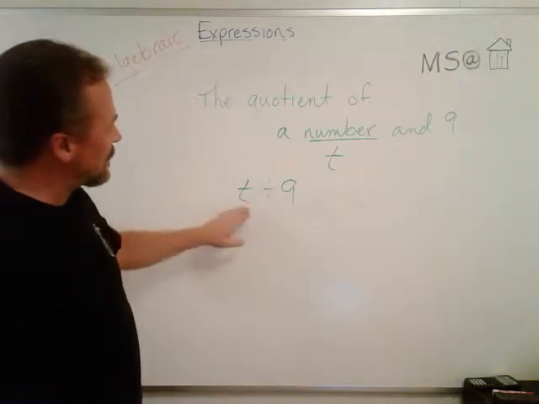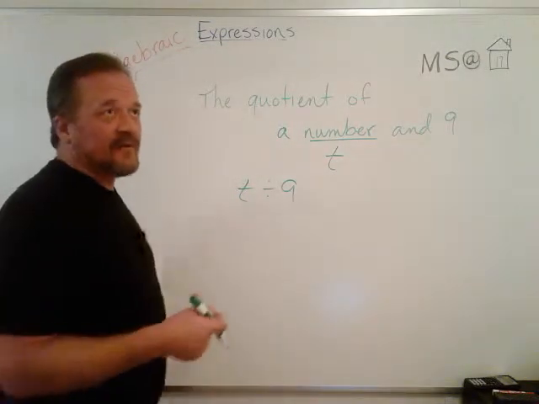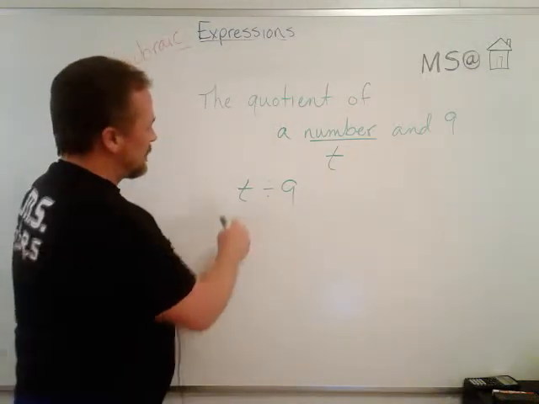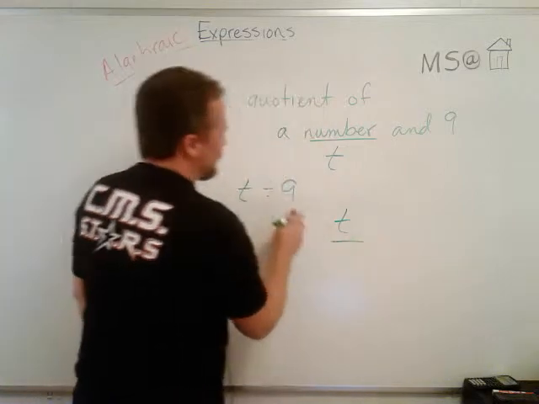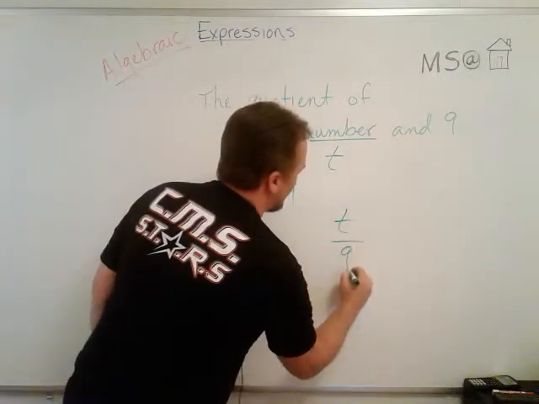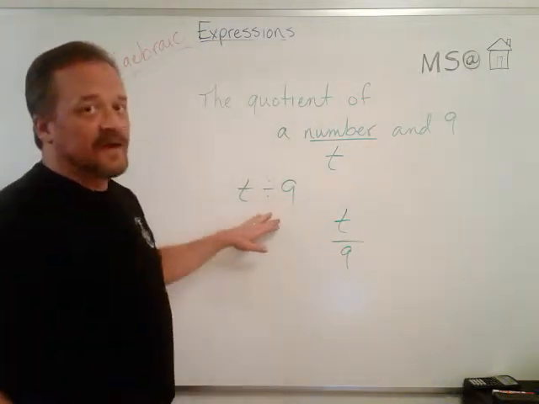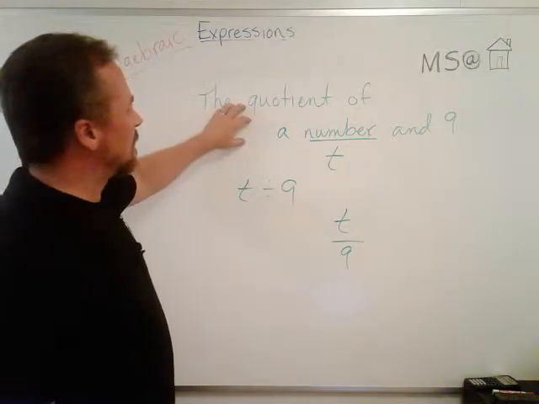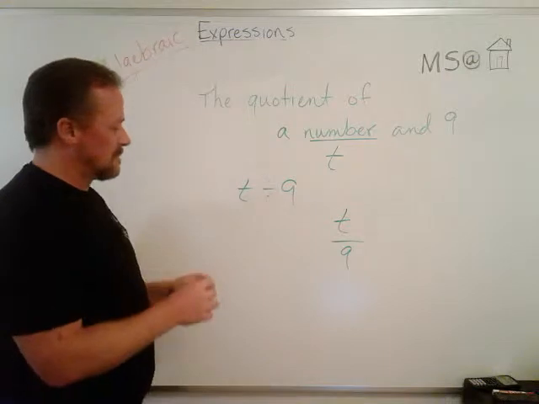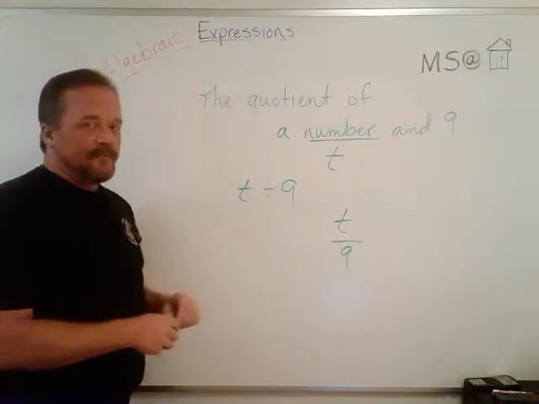But there is one way I can write this as a fraction, because fraction just means division, right? This number is the numerator. And this number is the denominator. So either one of these is correct. And either one of these is the translation from this English statement. Okay?